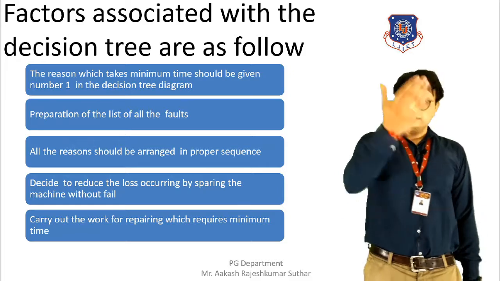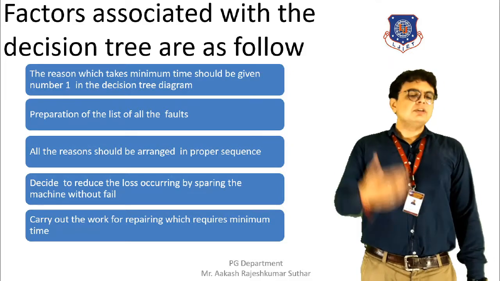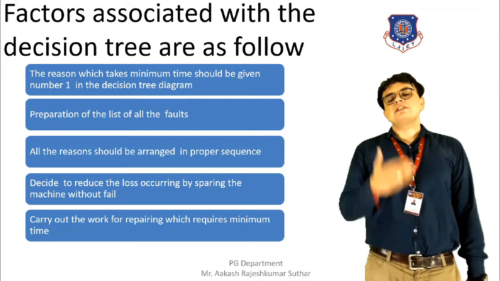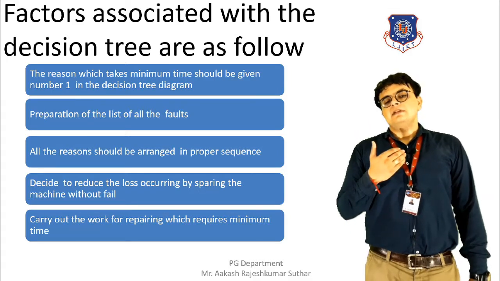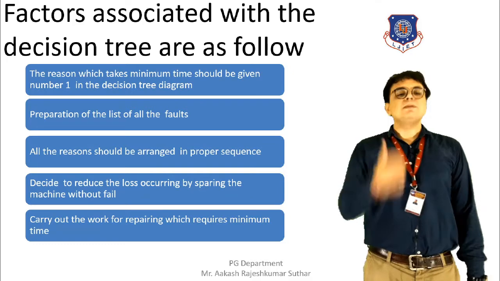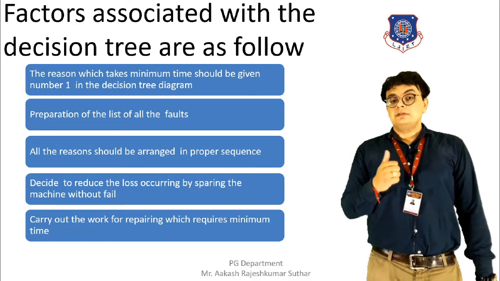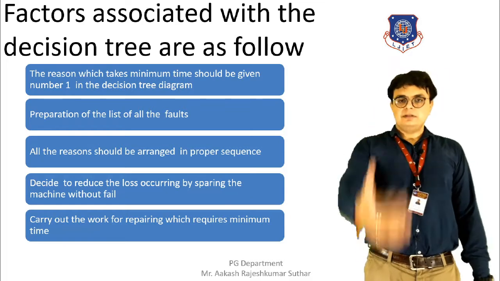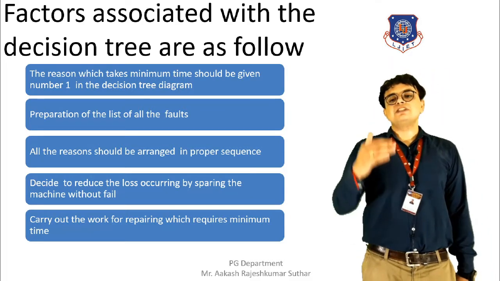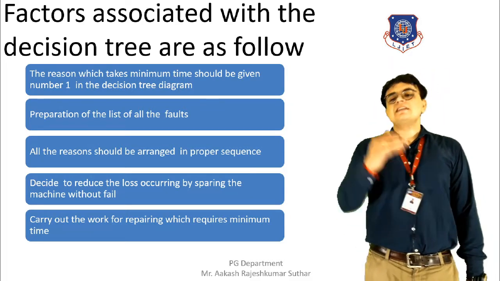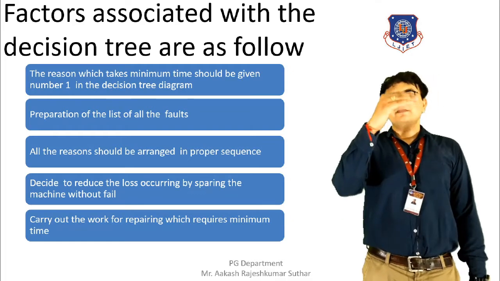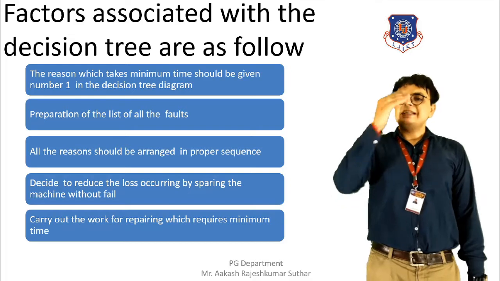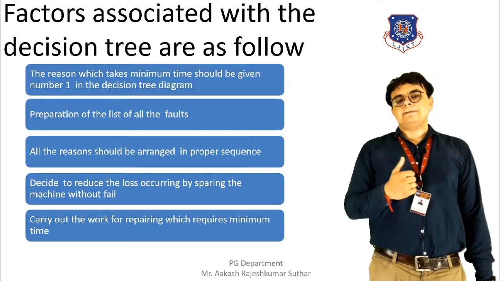So this is how the listing of all the faults should be done. The proper list is now prepared, and we have arranged it so that the fault which is cured easily with less time will be first, and the fault which requires more time will be last.